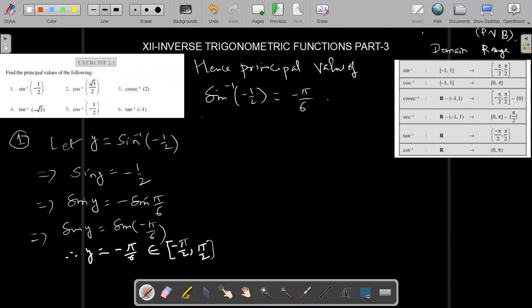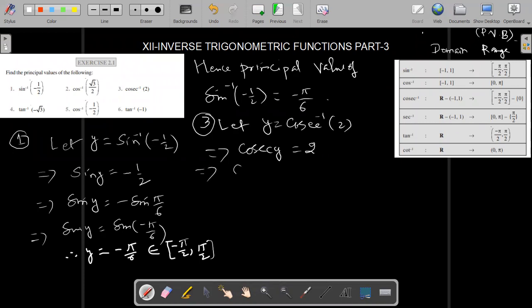Taking question number 3. Again, let y is equal to cosec inverse 2, and cosec y will be equal to 2. And 2 is the value of cosec.